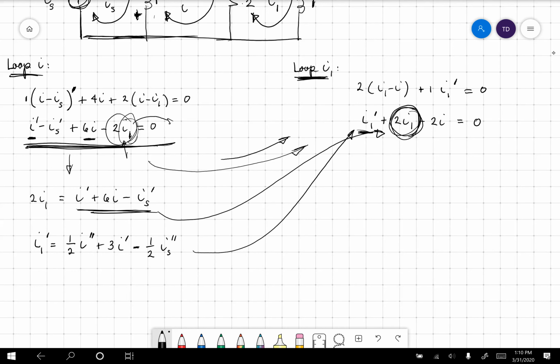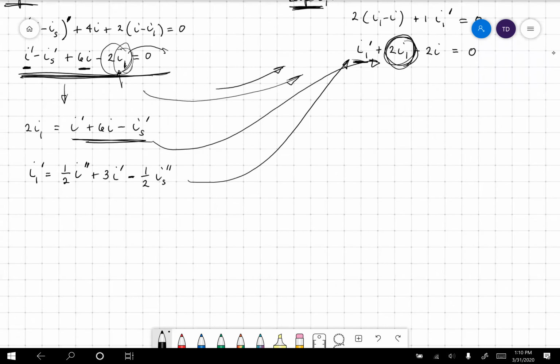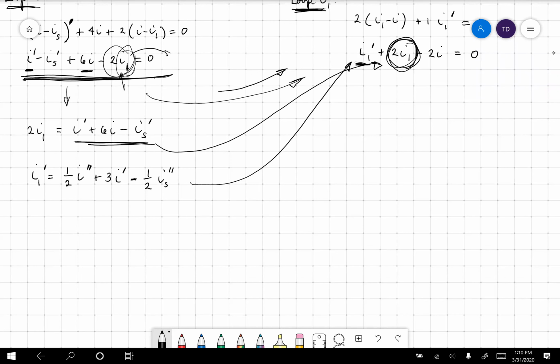Let's do that. I'll do that right down here, not up there. So we have I1 prime plus 2I1 minus 2I equals 0. Here we go. Substituting in 1/2 I double prime plus 3I prime minus 1/2 IS double prime for I1 prime, plus twice I1.